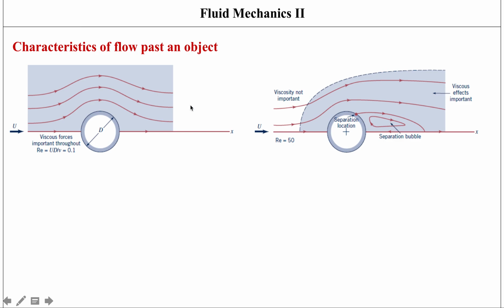And what happens is that the area in which the viscous effect is important starts becoming smaller. Viscous effects obviously then start convecting downstream of the flow, and the separation starts taking place.